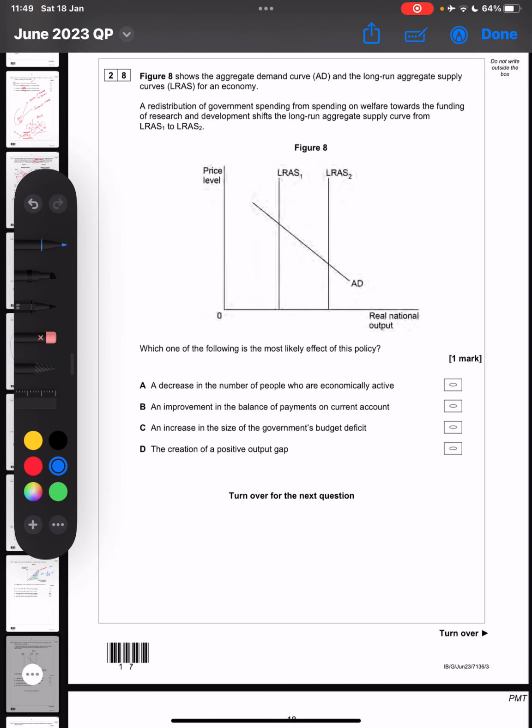A redistribution of government spending towards funding research and development shifts the long-run AS curve, right? Productivity should increase. It was in welfare before, so you might have some groups having a fall in productivity. Which of the following is the most likely effect? So we can see here prices are falling, there should be growth, maybe there's more employment.